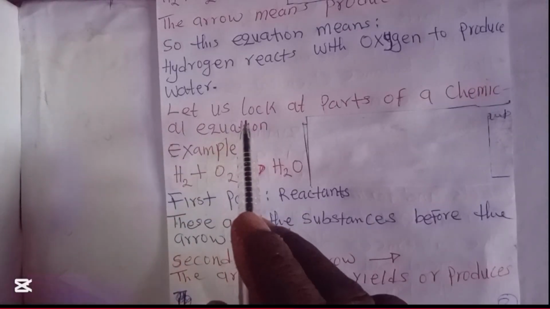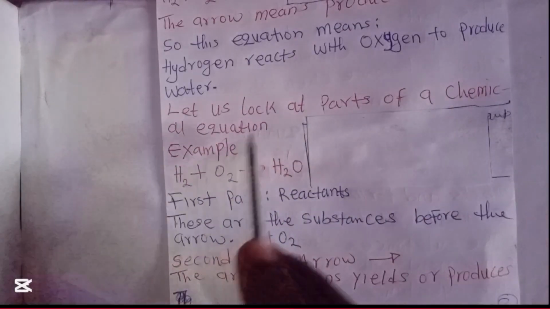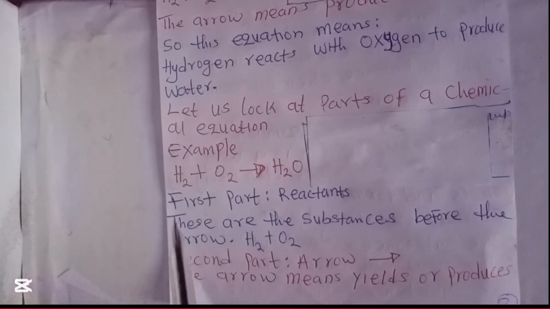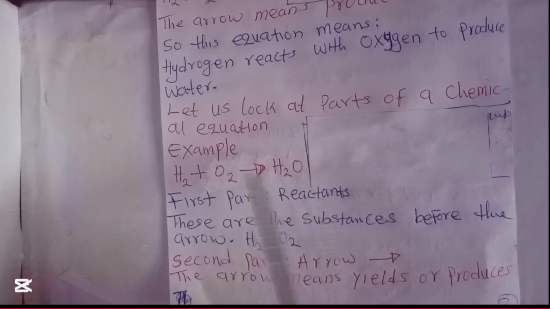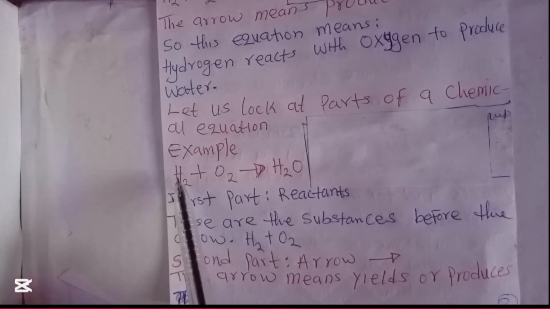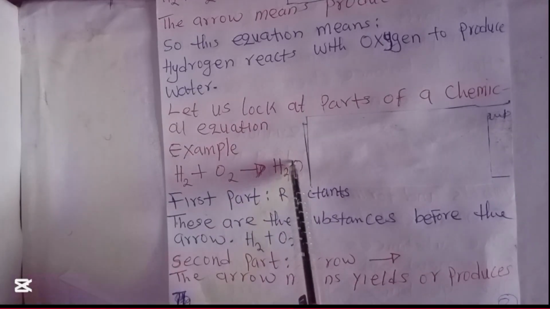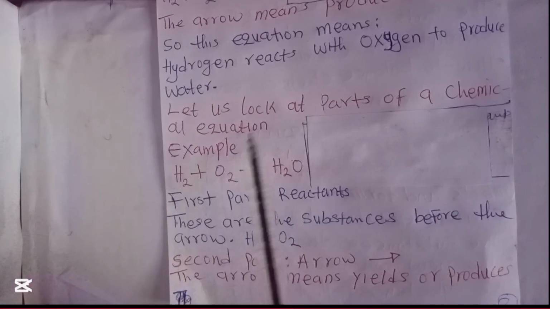Let us look at the parts of a chemical equation. Example: we have hydrogen plus oxygen giving us water. This reaction is familiar already. Now, how many parts are here? We have this part, and then another one.